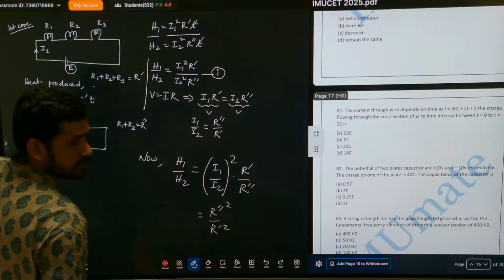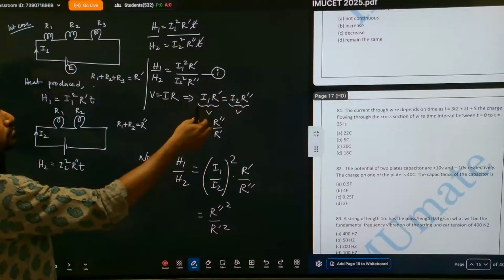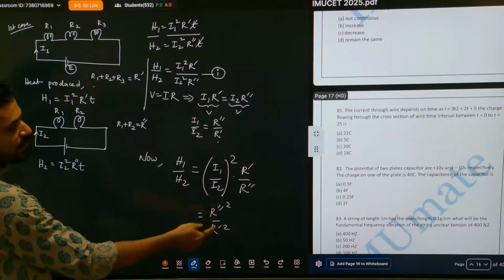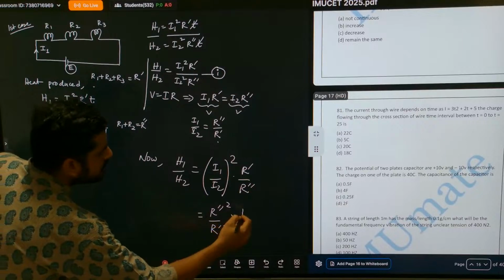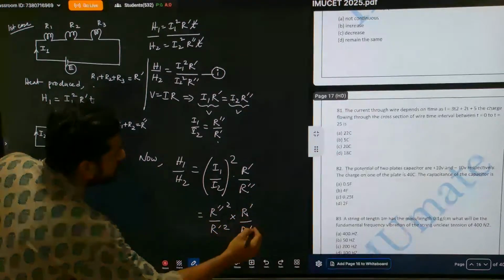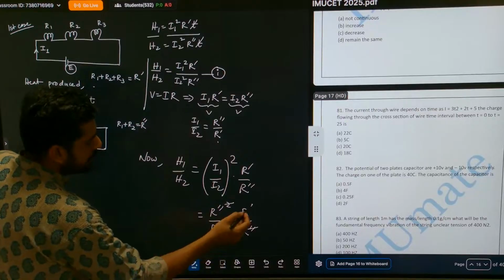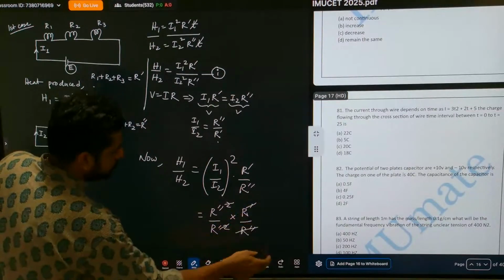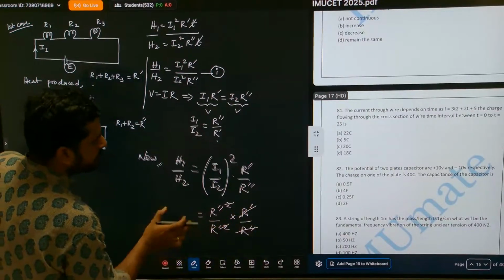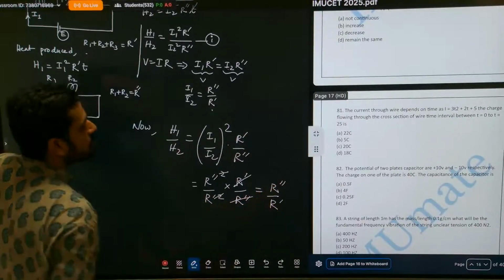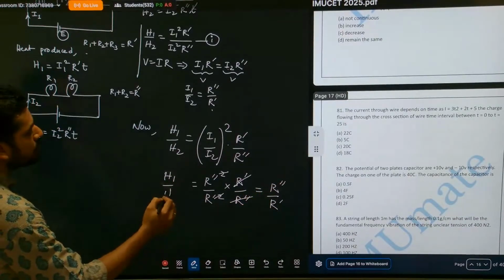Square of I1 by I2, R double dash by R dash. I1 by I2 squared means R double dash squared by R dash squared, times R dash by R double dash. Now cancel it. Square, the whole thing will cut. What do you get? You get R double dash by R dash. This is H1 by H2.